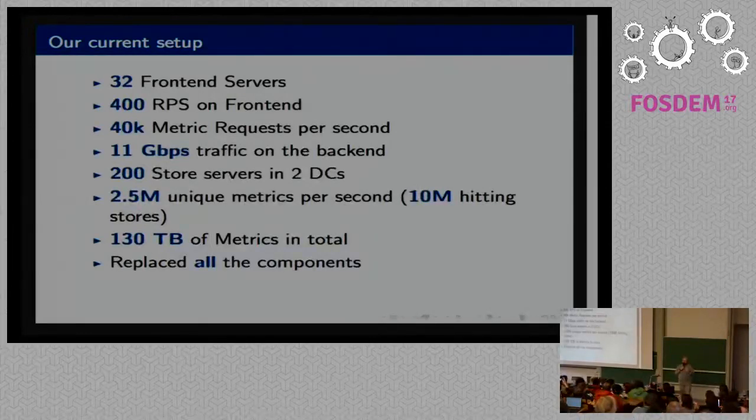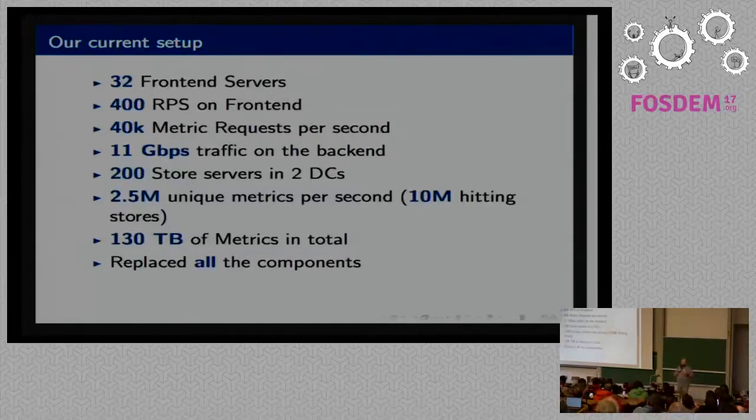We have more than 100 terabytes of data, and because of this, we have several hundreds of storage servers. Because Graphite really likes SSD, and you can't do anything with this. And SSDs are kind of small, and that's why we have this many servers.